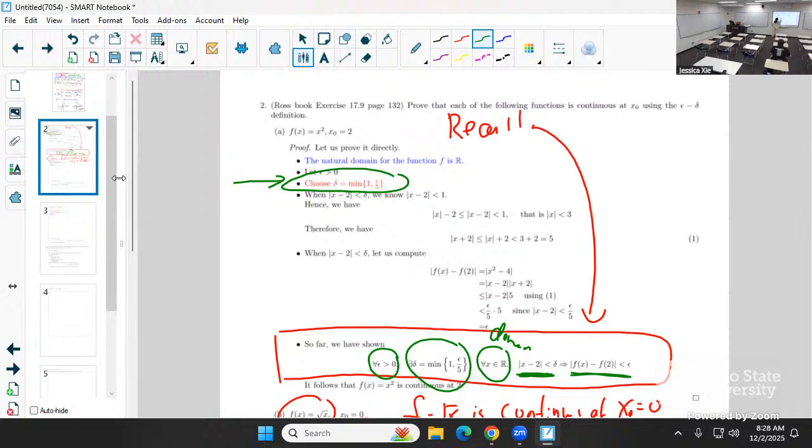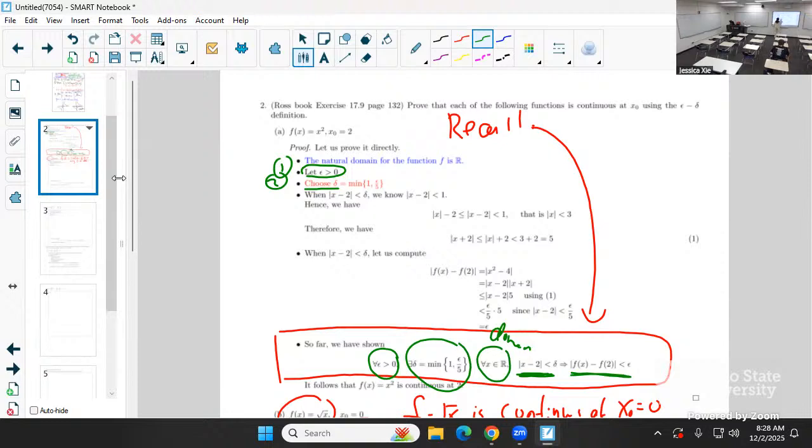For any epsilon, step one, pick an arbitrary epsilon, because that is a for-all type statement. Step two, you have to choose the delta. Here you don't yet know why delta is chosen to be the minimum of one and epsilon over 5. Delta is chosen to be this number because of some brainstorming, some algebra ahead of time, and then we can select the delta and write it out.